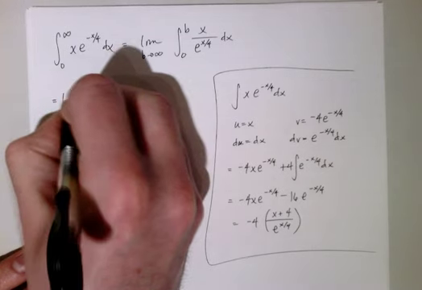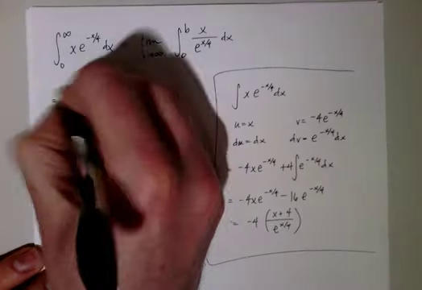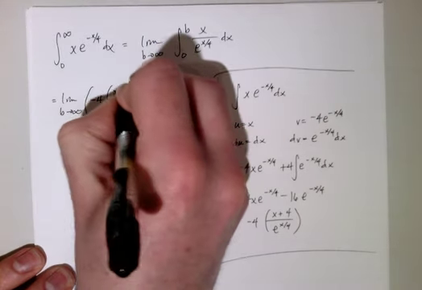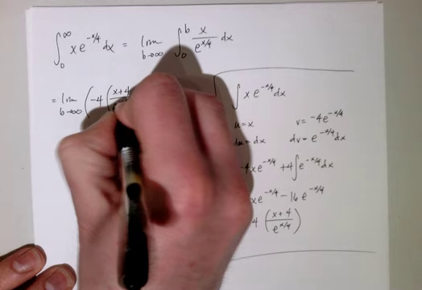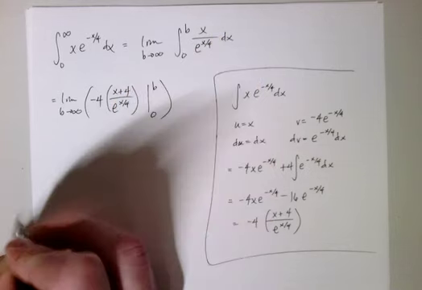So I have the limit as b goes to infinity of negative 4 times x plus 4 over e to the x over 4 from 0 to b.